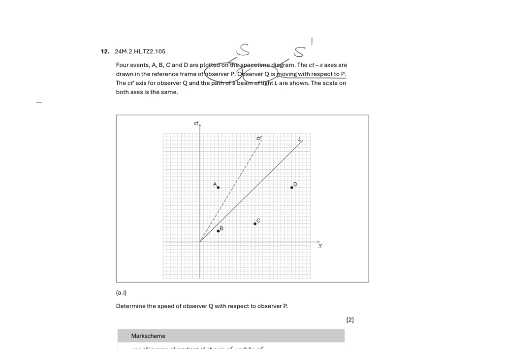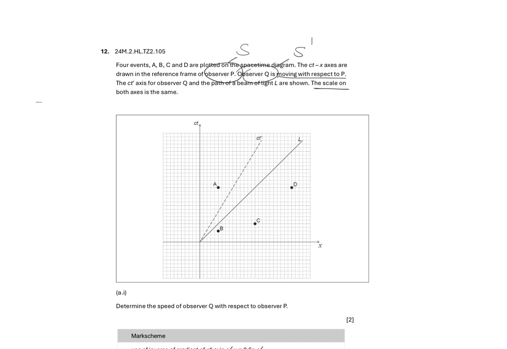And then we have the CT prime axis drawn for that observer Q, and the light line is also drawn. The world line for a photon is drawn. And it says the scale on both axes is the same.